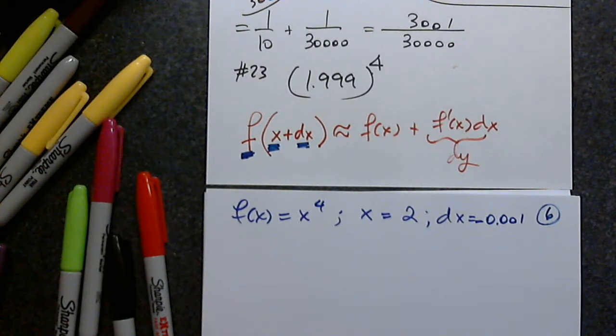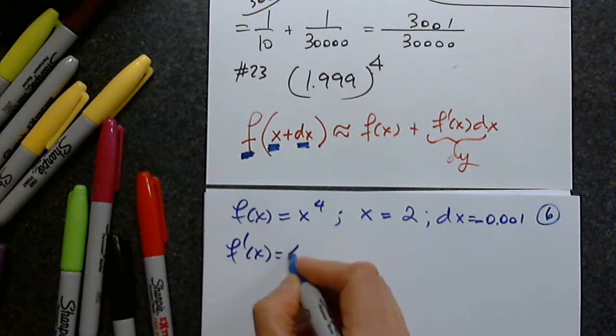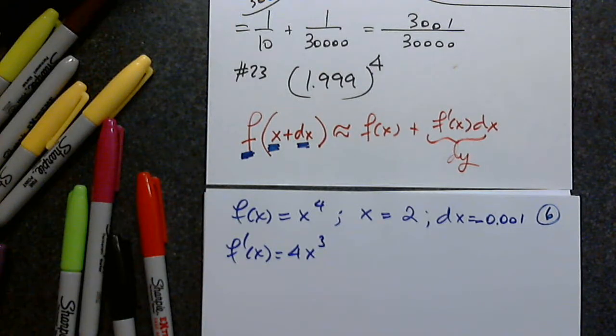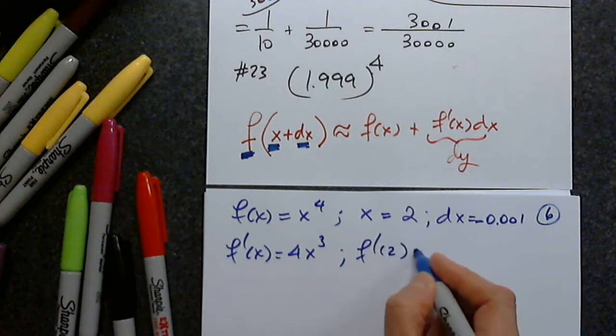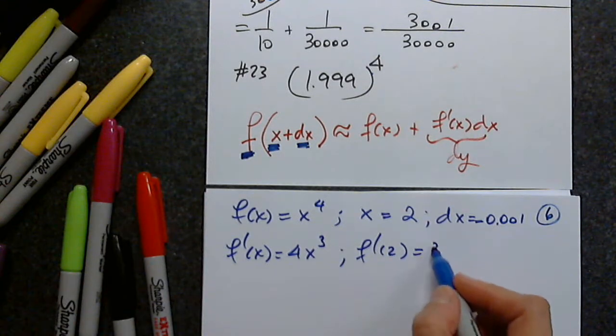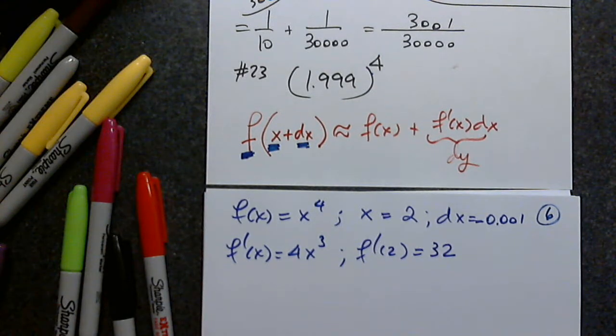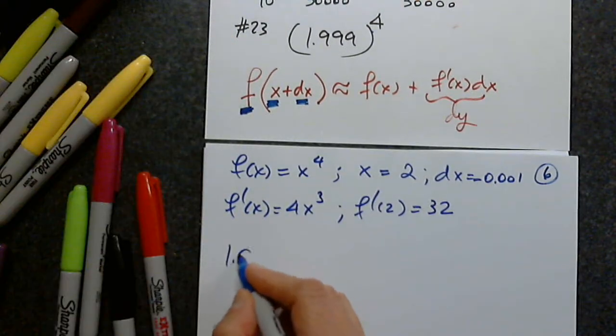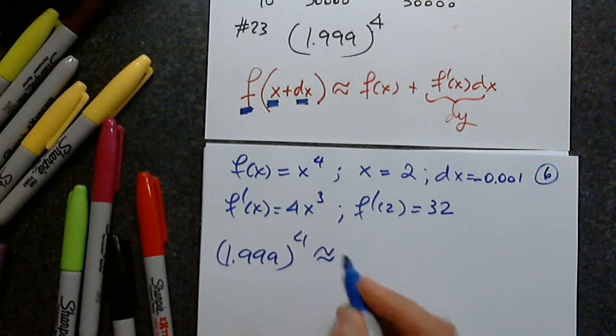For this to work properly, dx has to be tiny, or as small as possible. And now I have to find f prime of x, which is 4x to the 3rd. I have to find f prime of 2, which will be 32. And now I can approximate 1.999 to the 4th power using calculus. What do I have to write first?